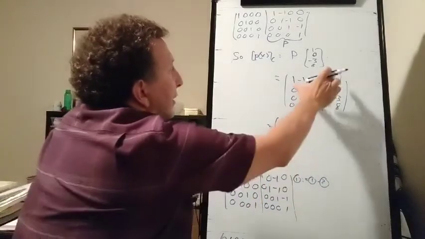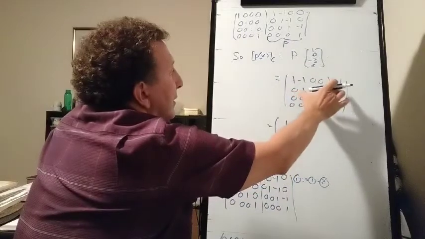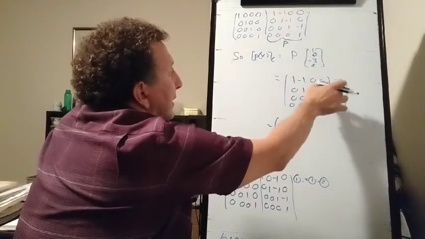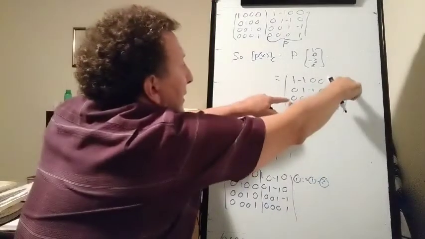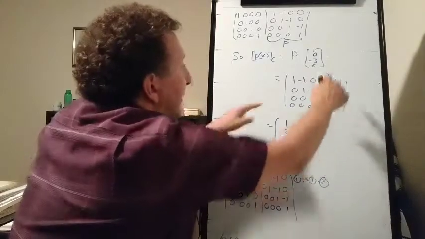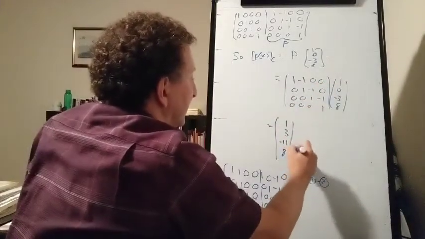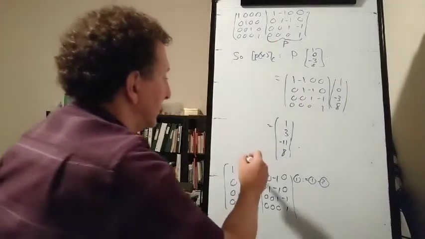Now let's see what we get. 1 minus 0 is 1. Negative 1 times 3 is positive 3. And then negative 3 minus 8 is negative 11. And then we get 8 in the last position. Alright, that agrees with what I have in my notes.